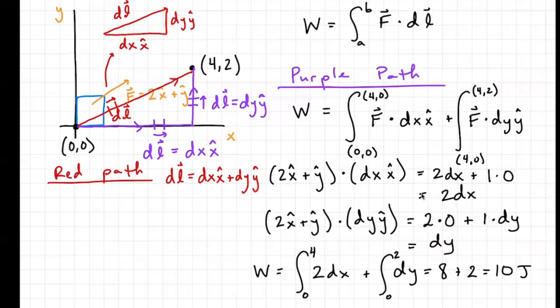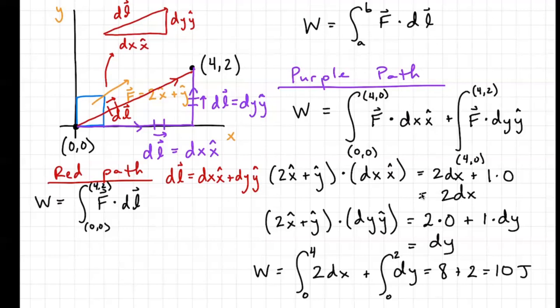Okay, so how do we deal with this? Well, it's a similar story where we start with work equals force dotted dL along our path from 0, 0 to 4, 2. But now this dot product is going to be a little bit different than the dot products we did before, because dL has both an x and a y component.